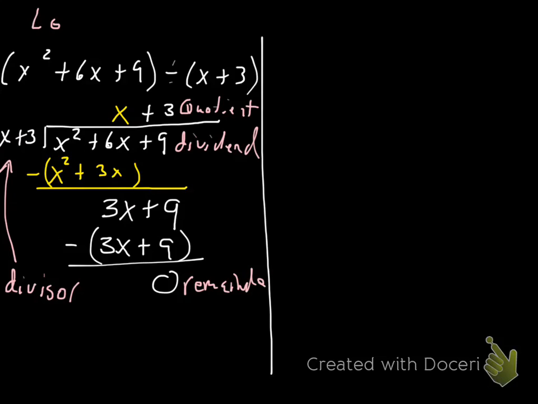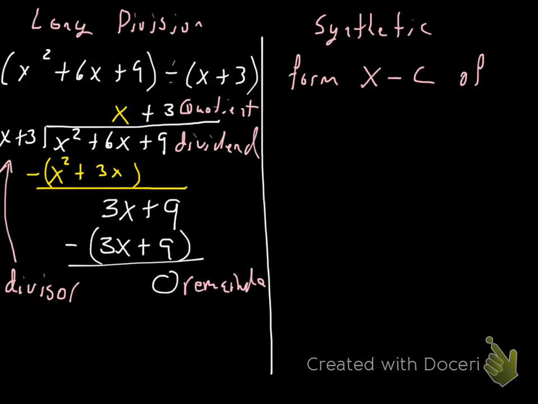So the coefficient on the x needs to be a 1. For synthetic division, the divisor needs to be in the form x minus c.